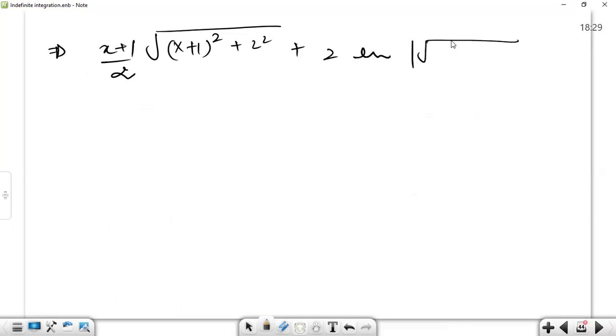Sorry, x is what? x plus 1, right? Plus 1, plus c, which is the constant of integration. So this is our answer.